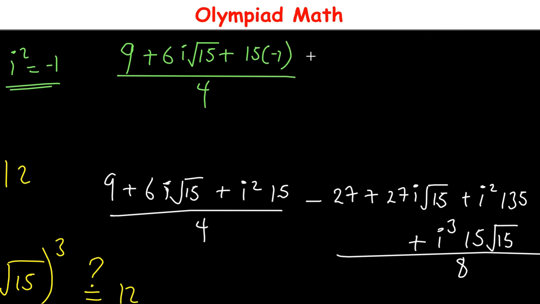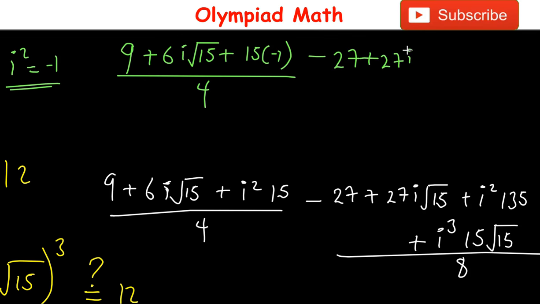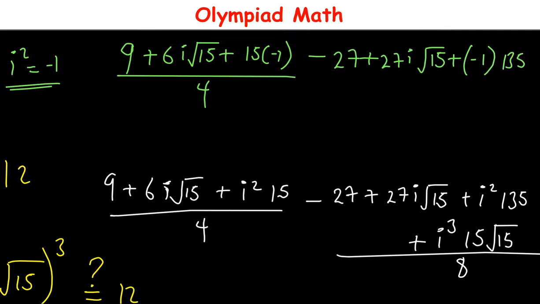Then we have minus 27, then plus 27i times square root of 15 plus i squared is minus 1, so we have in brackets minus 1, then multiplied by 135, then plus, we can write i cubed as i squared times i, then times 15 times square root of 15, and this is then divided by 8.